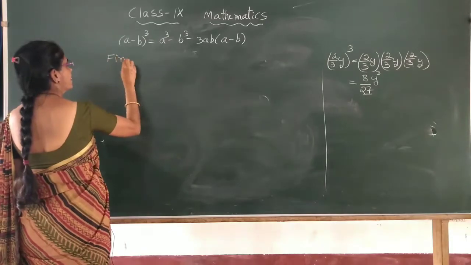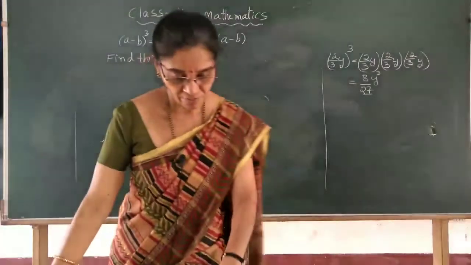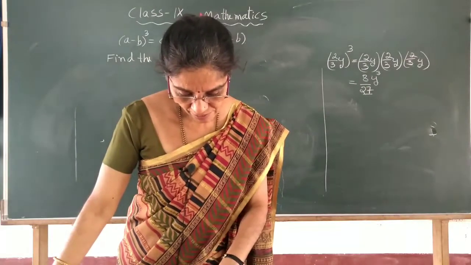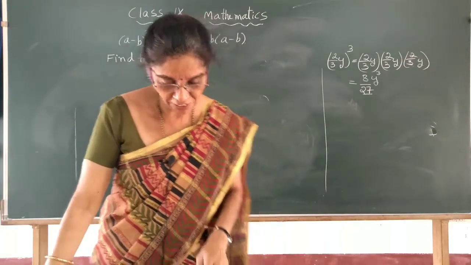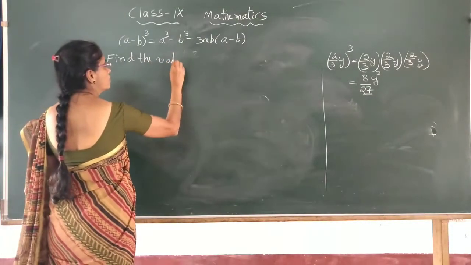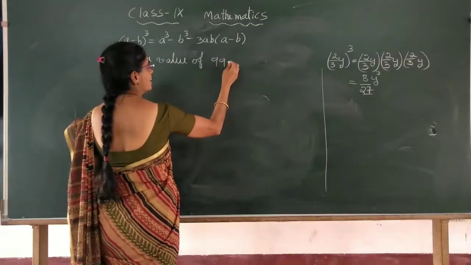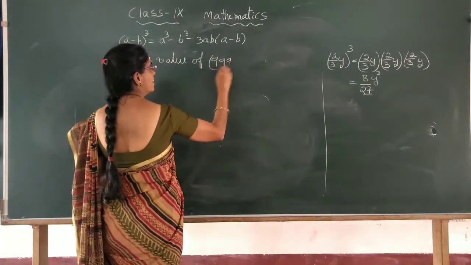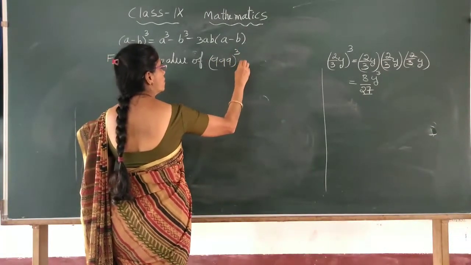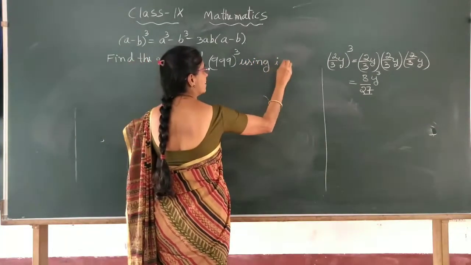Find the product, find the value. Evaluate means find the value. Find the value of 999 cube using identity.